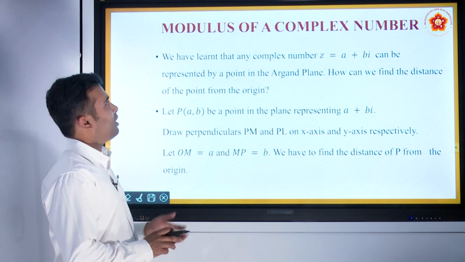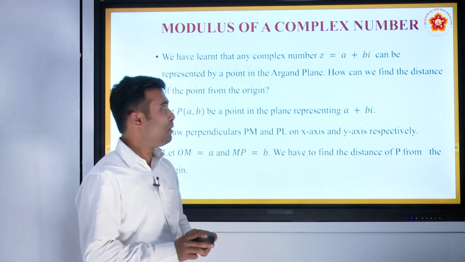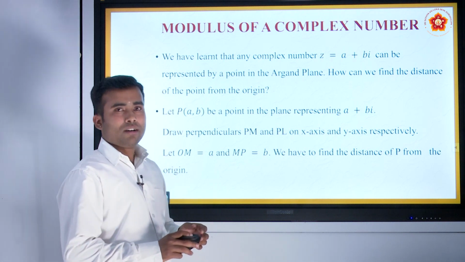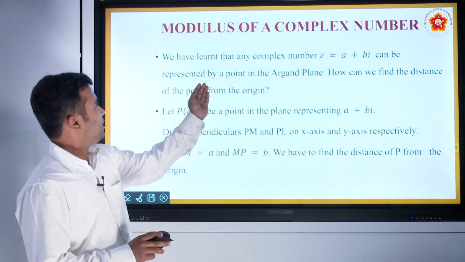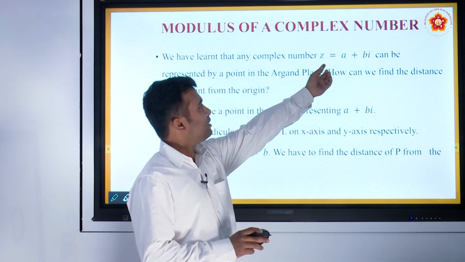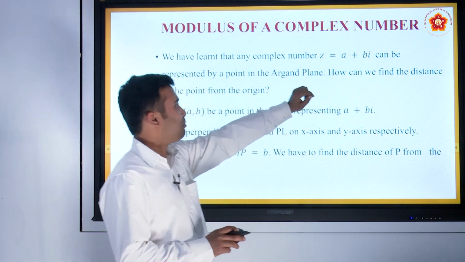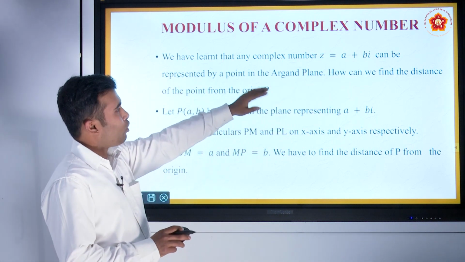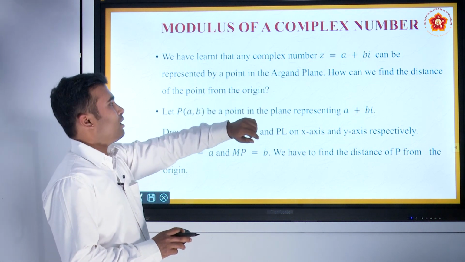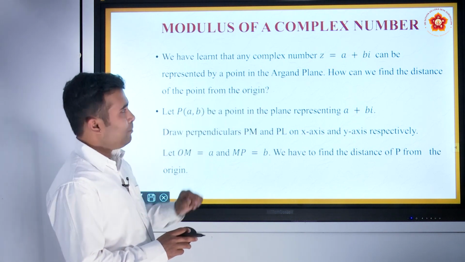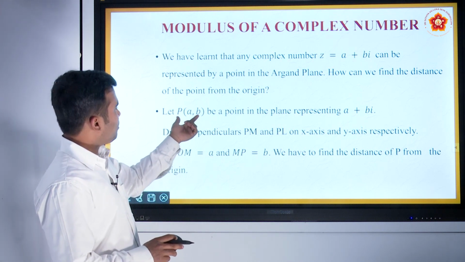Now, the modulus of a complex number, or we can say the absolute value of a complex number. Here I have taken a complex number in the form of a plus bi, and that point can be represented in the Argand plane as P(a, b), which is nothing but a point.